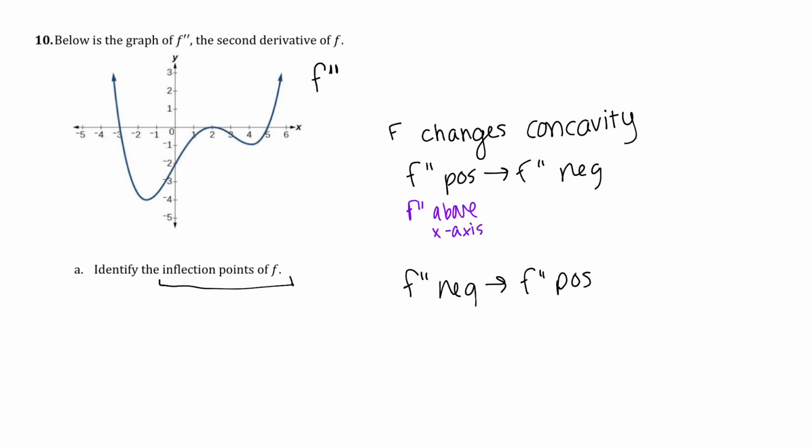Since this is the graph of f double prime, it's places where it goes from being above to below the x-axis, or going from below to above.